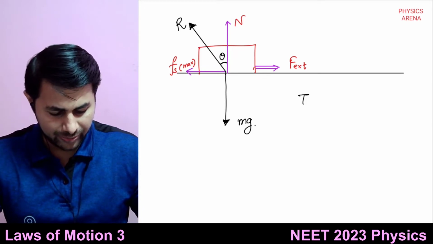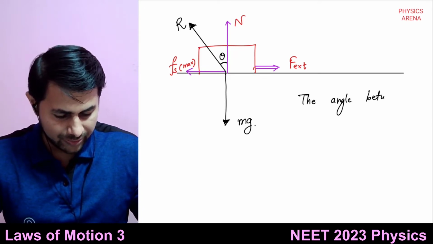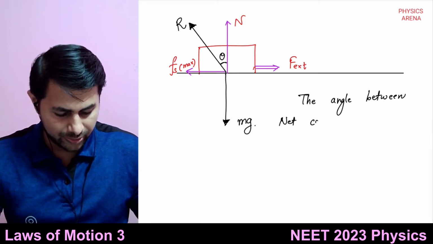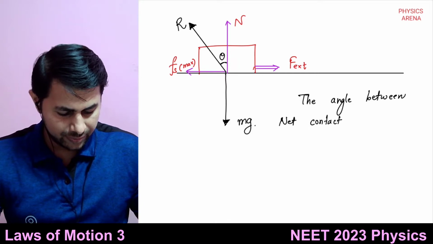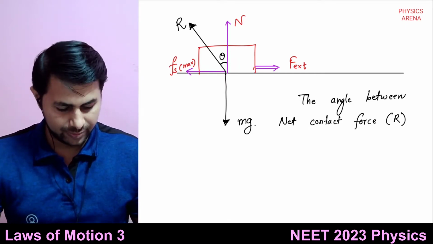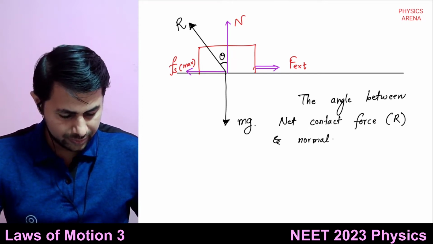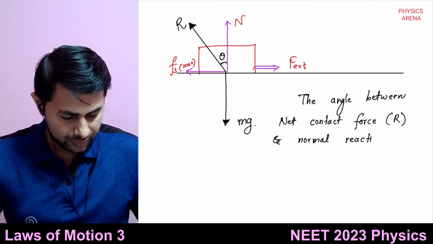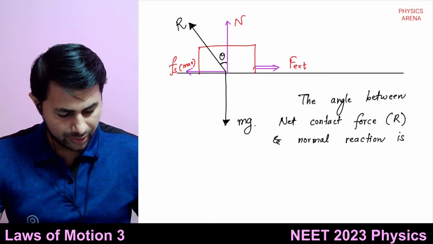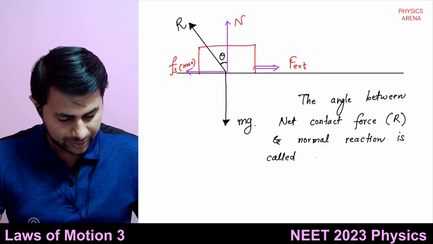The angle between the net contact force, I am denoting it by R, and the normal reaction is called the angle of friction. This angle is known as the angle of friction.